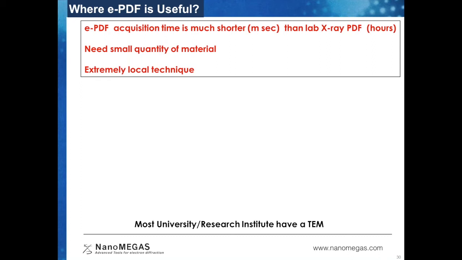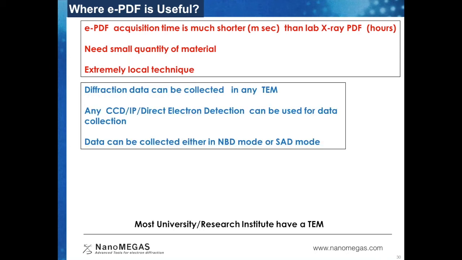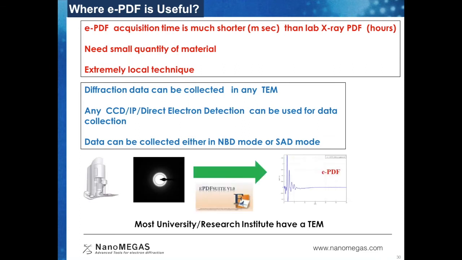And most importantly, most research centers have access to a TEM, so you can do PDF on your own premises whenever you want with your material. And all the mathematical processes which I have mentioned in my last couple of slides, from calculating the 1D profile to ePDF from two-dimensional data, can be done using dedicated software which we call ePDF suite, provided by Nanomegas.